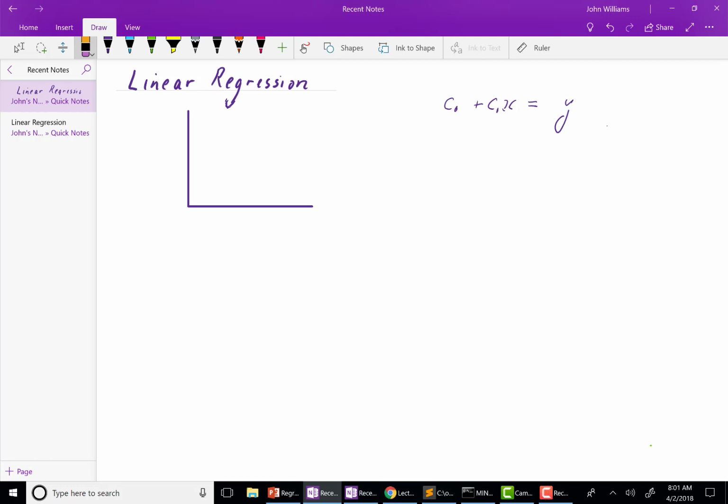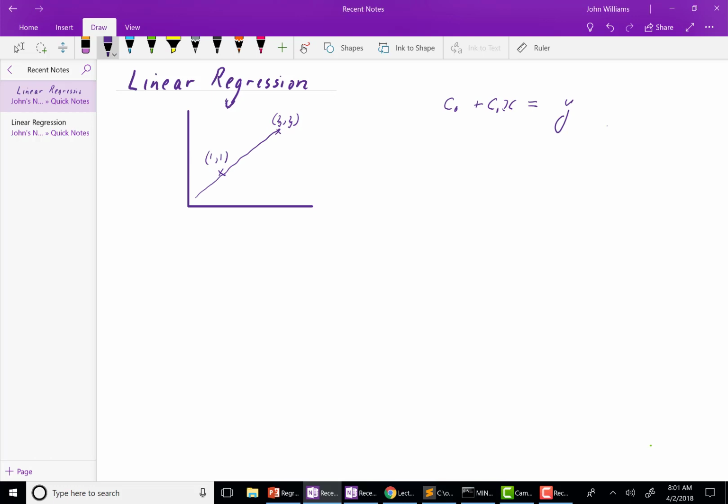So there's our predictor. Now, if we have points, let's suppose we have the points 1, 1 and 2, 2. Now let's make it 3, 3. Okay, it's clear that we can put a line through those points.